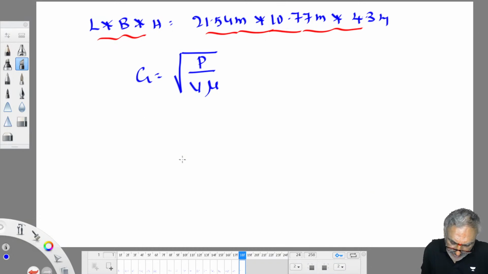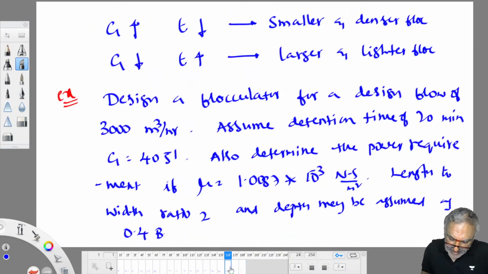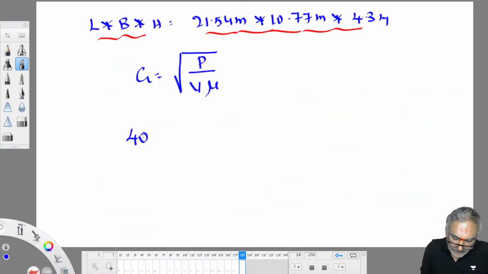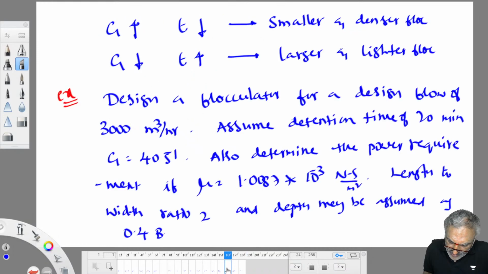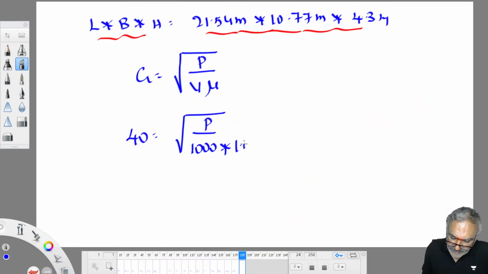So G is given in the question, he has given the G value as 40. Volume is 1000 and mu is also given in the question, 1.0087 into 10 power minus 3. And if we simplify, we get the power.